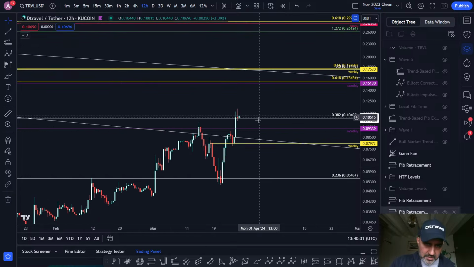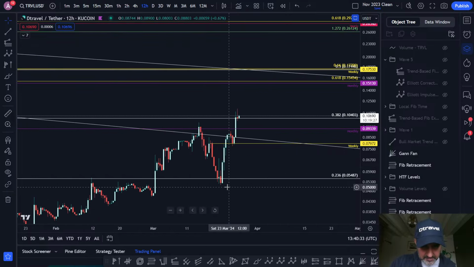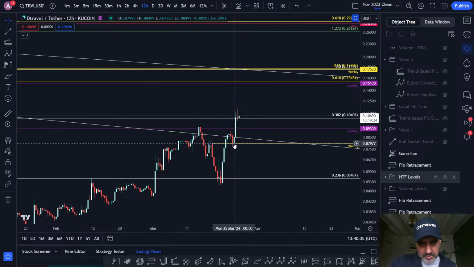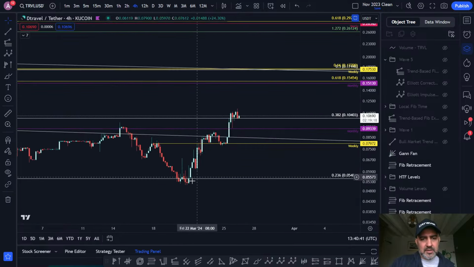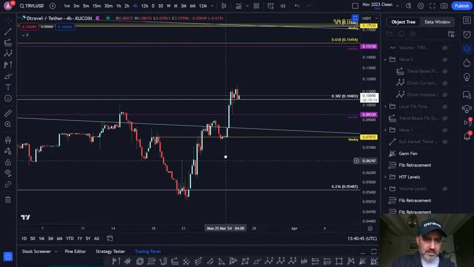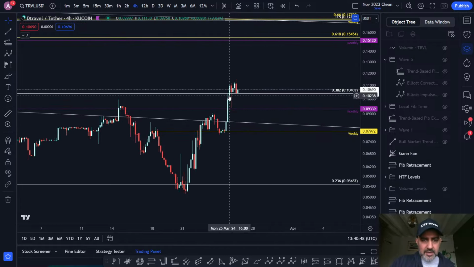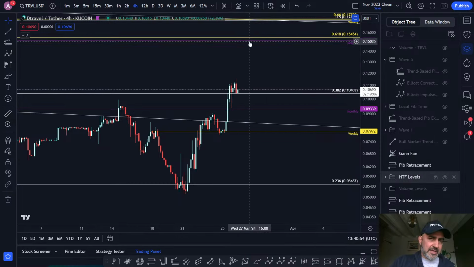Wait, this looks different. Hold on, let me just have a look at this. 1, 2. So we're in the 3, but we haven't finished it yet. It doesn't look like we finished it, because I can see 5 waves here, but I can't see the 3rd wave. I can see there's a little bit of a correction here. I'm going to have a 3rd wave.